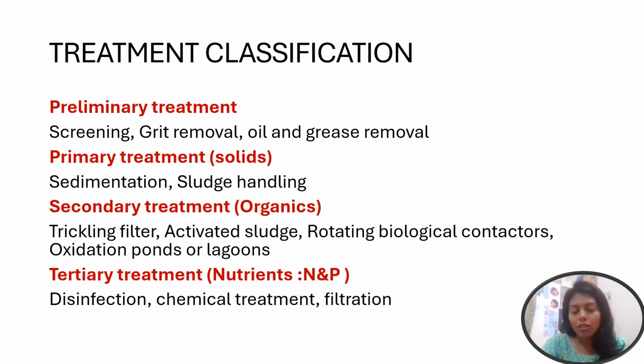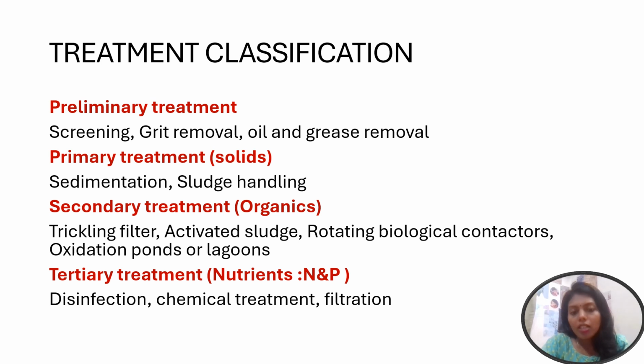The third one is secondary treatment, that will remove organic matter, dissolved organic matter, or pollutants present in the water by trickling filter, activated sludge, rotating biological contactor, and oxidation pond, etc. And the fourth one is tertiary treatment, that is to remove nutrients present in the water. The methods used are disinfection, chemical treatment, and filtration.